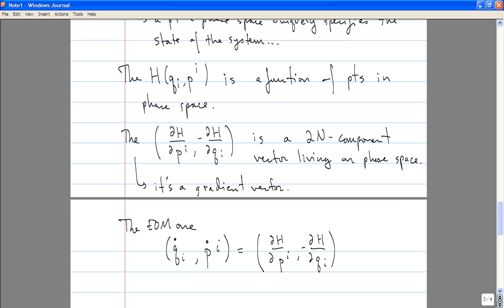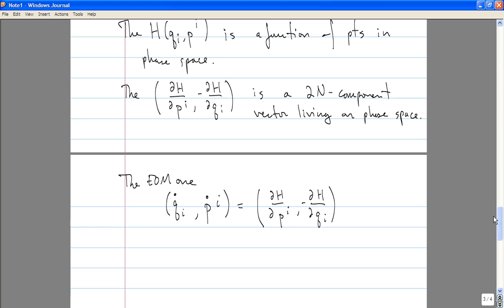So let me be a little more precise. The function H defines the gradient vector. So if the qi's and the pi's are the coordinates on phase space, you could think of dH by dqi and dH by dpi as a gradient vector.